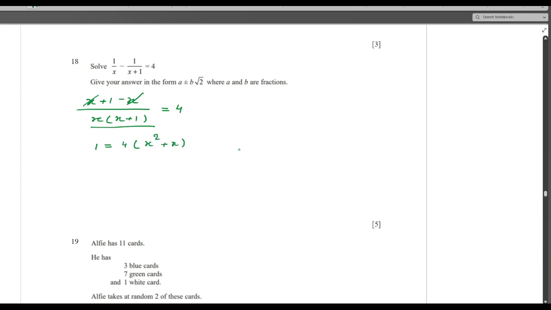Now if I open everything and bring all on one side, I have 0 is equal to 4x square plus 4x minus 1. Now 4x square plus 4x minus 1 is 0. So I have to find the value of x.